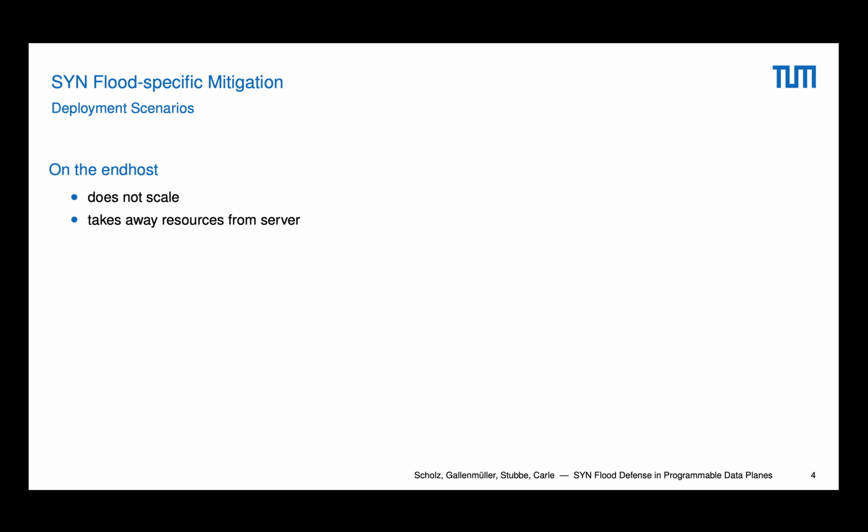You can use SYN flood specific mitigation methods in two different deployment scenarios. You can use it on the end host, but then of course, as I already said, the solution does not scale because it only works on this particular node, and also it takes away resources from the server that, for instance, should serve a website.